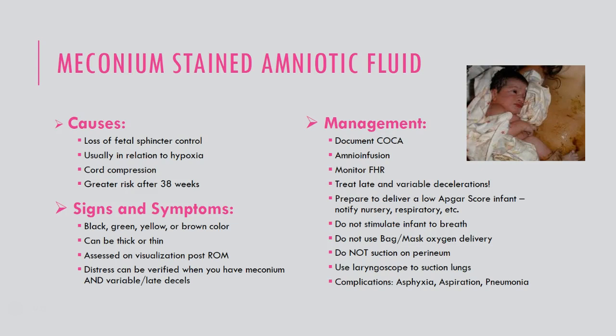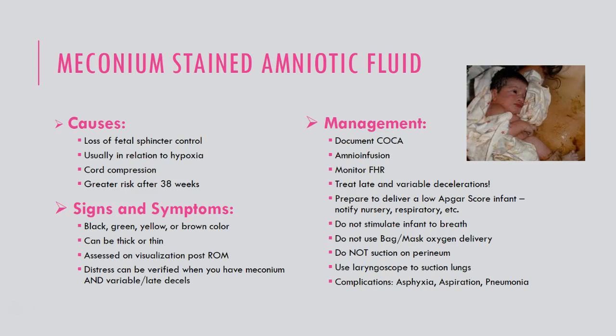This is a photograph of a baby who had some meconium. Meconium stained fluid, or release of meconium from the fetus in utero, usually happens in relation to fetal stress, which causes hypoxia.